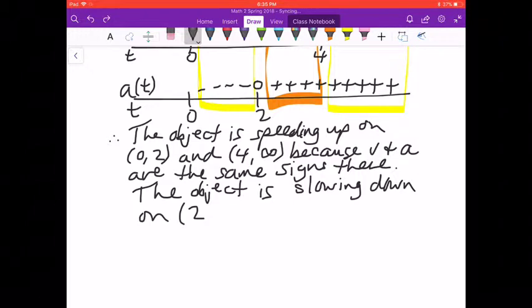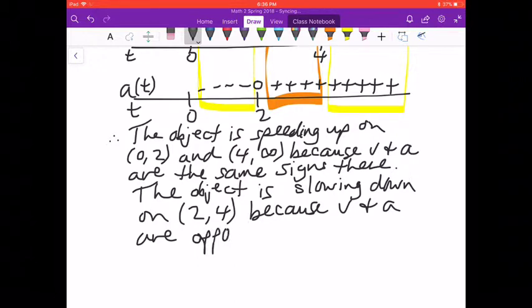It looks a little funky. So 2 to 4, because, let's see, because V and A are opposite signs. All right, there we go.